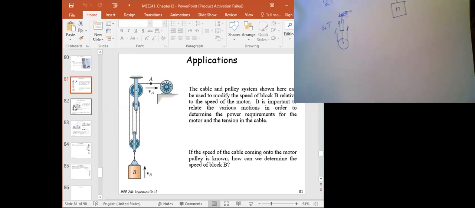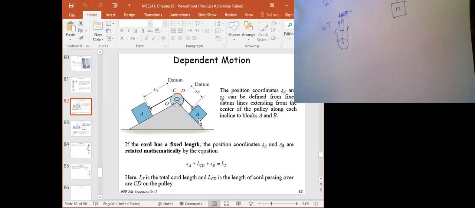All right. Okay, so what we're going to be using is the absolute length of the cord. If I have a cord like this, I know that the cord length is not going to change, and I can specify the distance. So let's say I have this system that I'm trying to analyze. I know the length of the cord here is going to be equal to SA.